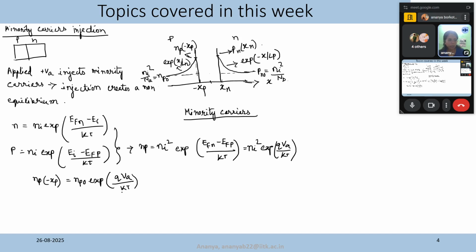There will be these many excess carriers. Similarly, at the edge of the depletion region, it will decay exponentially with distance because of recombination. And pn at xn is pn naught exponential qVA by kT.